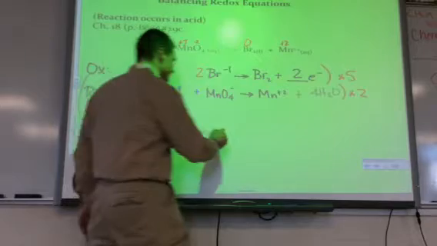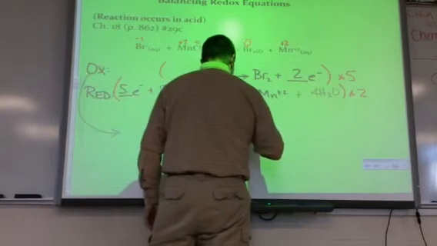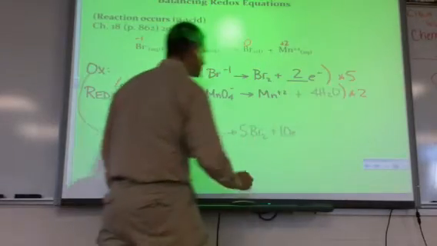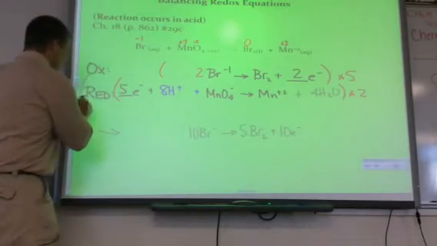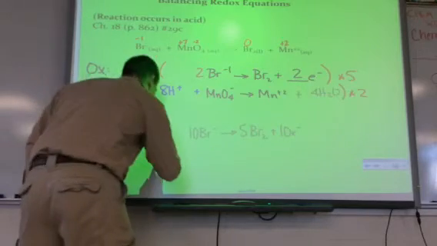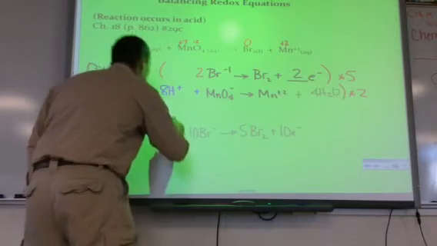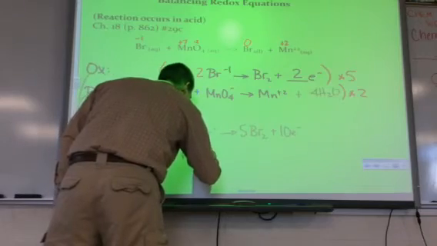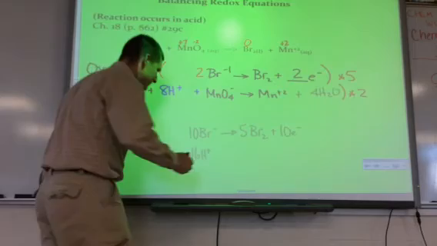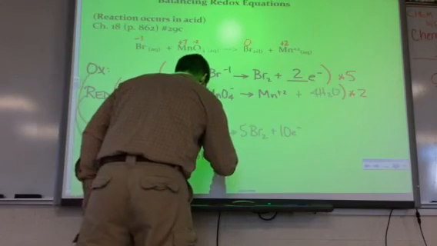So include charges. 10 bromide yields 5 Br2s and 10 electrons. The reduction half reaction, we're going to distribute a 2 through that whole thing, so it's going to be 10 electrons and 16 hydrogens. And if you think 16 is a lot, just wait. Sometimes we'll be in the 30s or even higher.